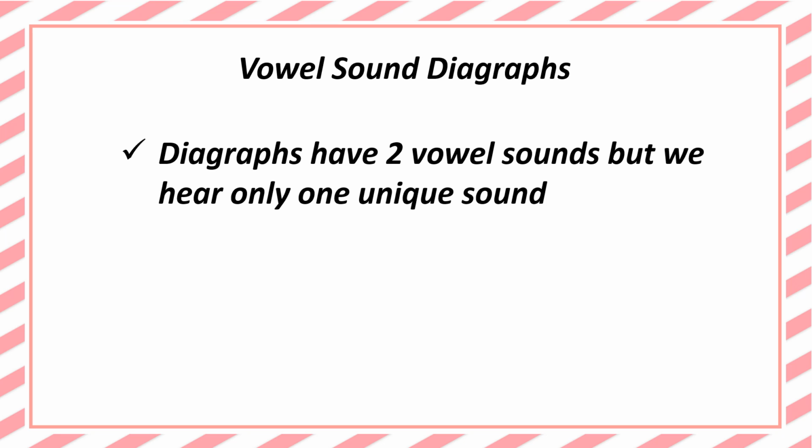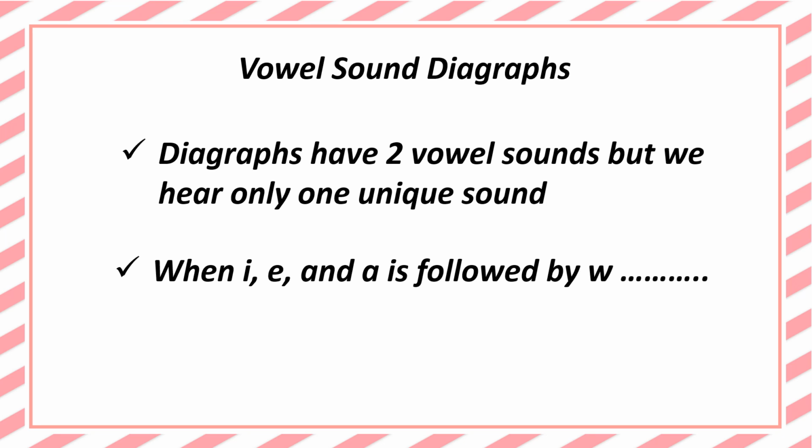But the introduction of vowel digraphs can be done at grade 1 and grade 2 level, when they are clear with the sounds of ch, sh, th, w, etc. A few pairs of vowels make a special unique sound. Here we have included W because when I, E and A are followed by W, it gives a vowel sound. That's why we call it vowel sound digraph, not vowel digraph.